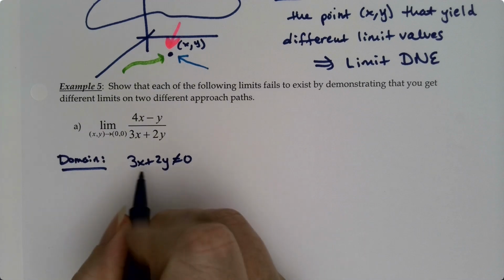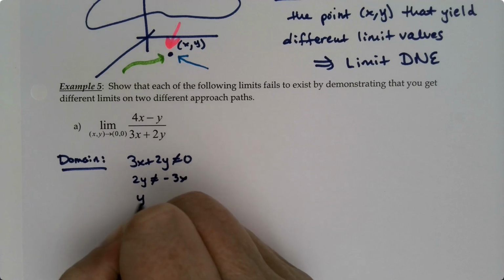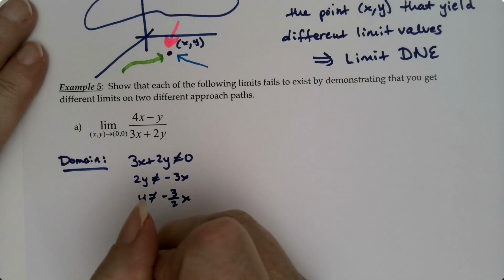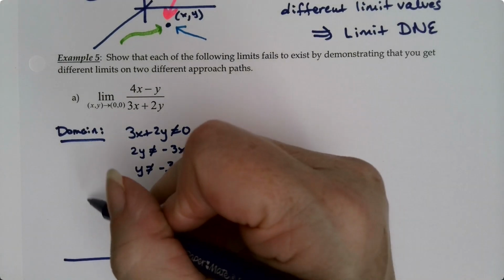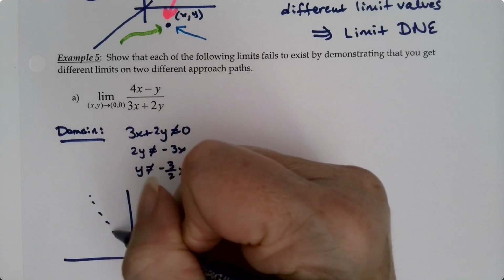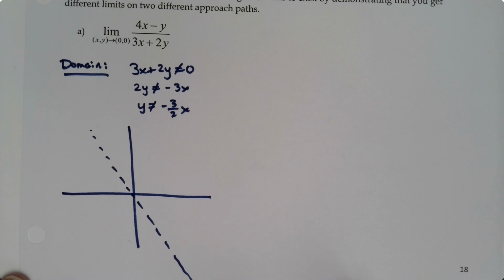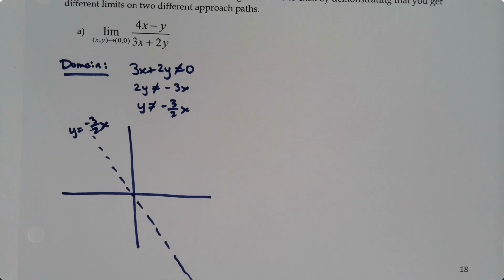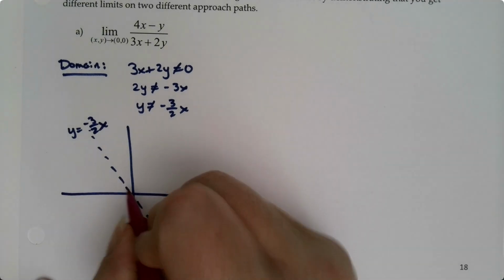If I solve this, 2y cannot be negative 3x, which means y cannot be negative 3 halves x. I'm just drawing it that way because I want to know how to put it on my paper. So negative 3 halves x is like this. So y equals negative 3 halves x. It goes through the origin, which unfortunately for us is the point we're trying to approach.